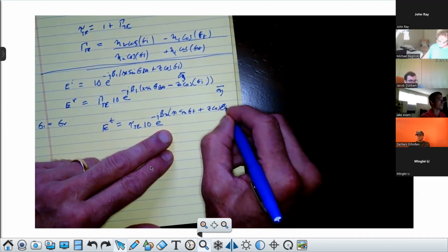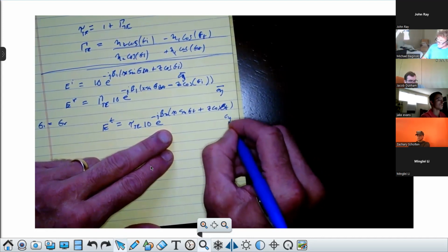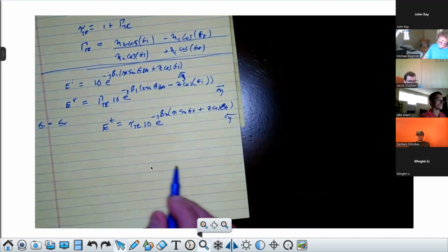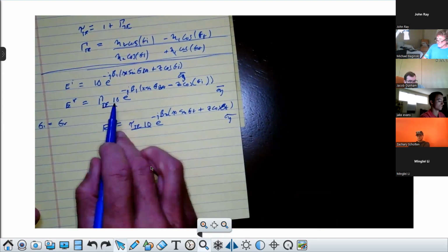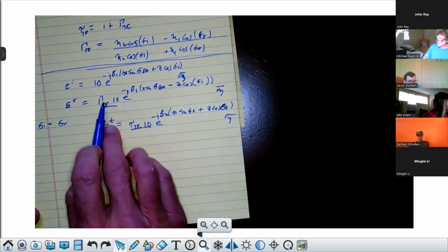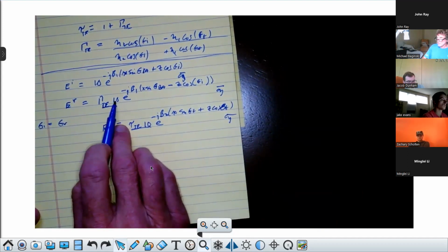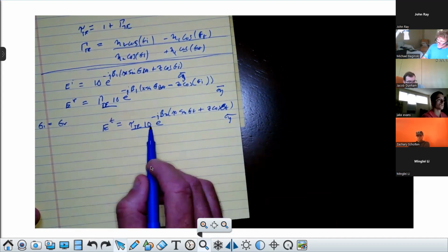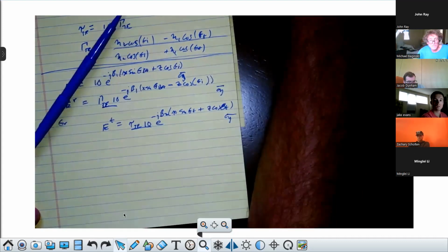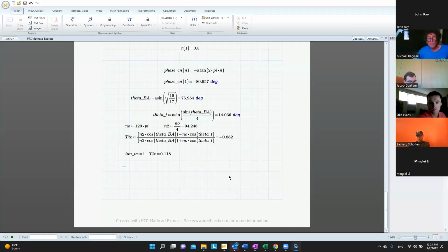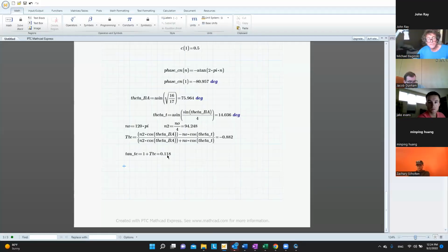I didn't multiply these together, but since the reflection coefficient was about minus 0.882, this is really going to be roughly minus 8.82 volts per meter. And the transmission coefficient, I think, was something like 1.18, so this is 1.18 times 10 volts per meter, times e to the minus j beta 2 times all this in the AY direction.